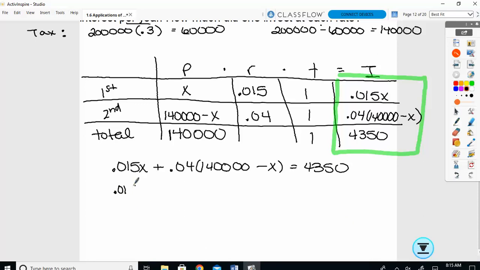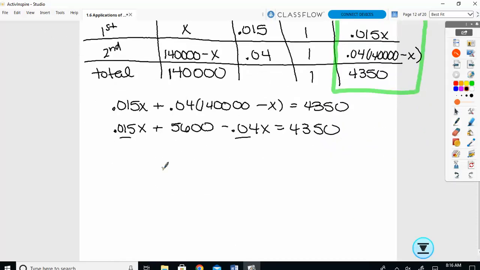Okay. So if we distribute, what's 0.04 times 140,000? 5,600. Combine like terms.